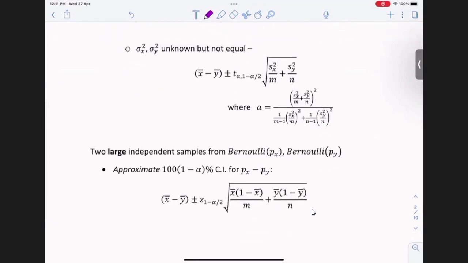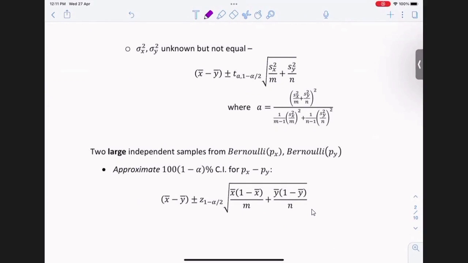But there will be some situations where we don't know whether they are equal or not. We may not be able to assume that they are equal. So if you encounter the situation when the population variances are unknown and unequal, then we need to use this approximated formula.